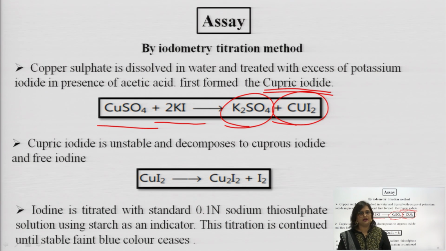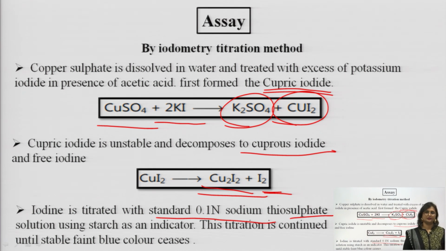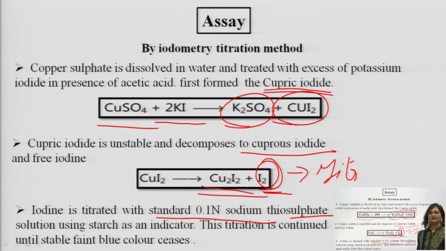This cupric iodide is unstable and decomposes to cuprous iodide, Cu2I2, and iodine. This iodine is titrated with standard 0.1 normal sodium thiosulphate solution.